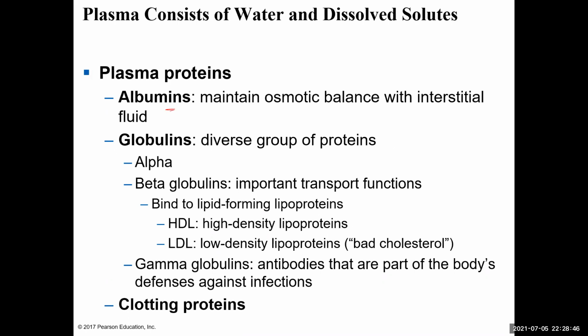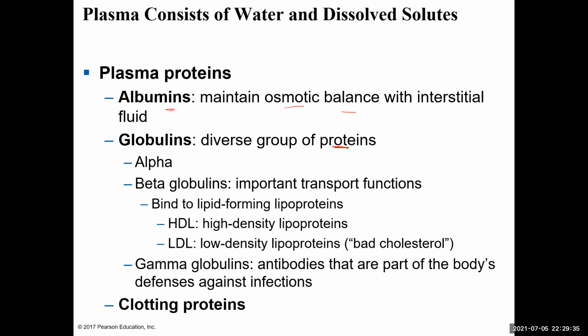Albumins are really important in maintaining osmotic balance, and so cell volume, making sure that the cells don't become too large or shriveled, and that they are maintained at the appropriate tonicity relative to the surrounding liquid environment, which is the interstitial fluid, right?